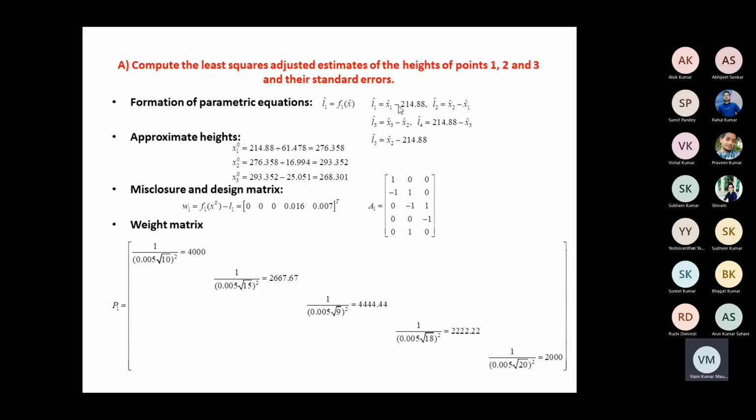So everyone, please look at the weight matrix. Ruchi. Ruchi, can you hear me? Yes, sir. Hello. Please explain how we have prepared this weight matrix.